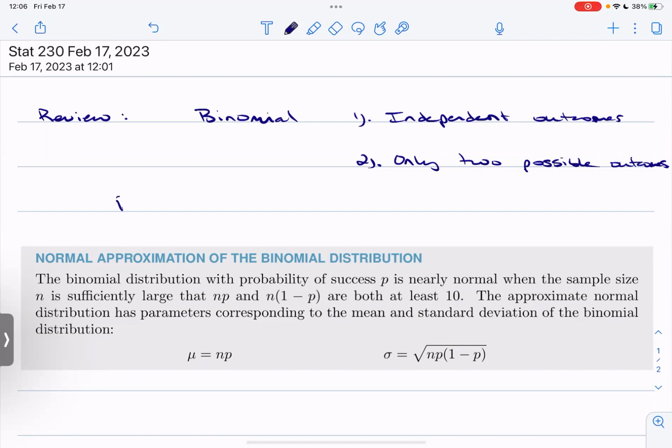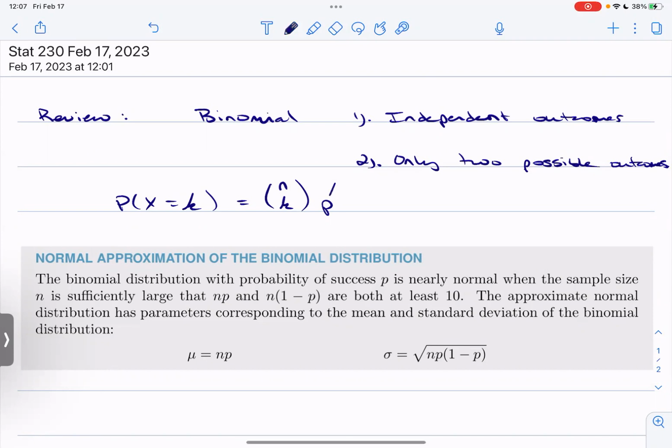And we said the probability that x equals k, which is really just shorthand for the probability of k successes, we find by using the choose function, n choose k. n is the number of trials, k is the number of successes. How many ways can I rearrange k successes in n trials?